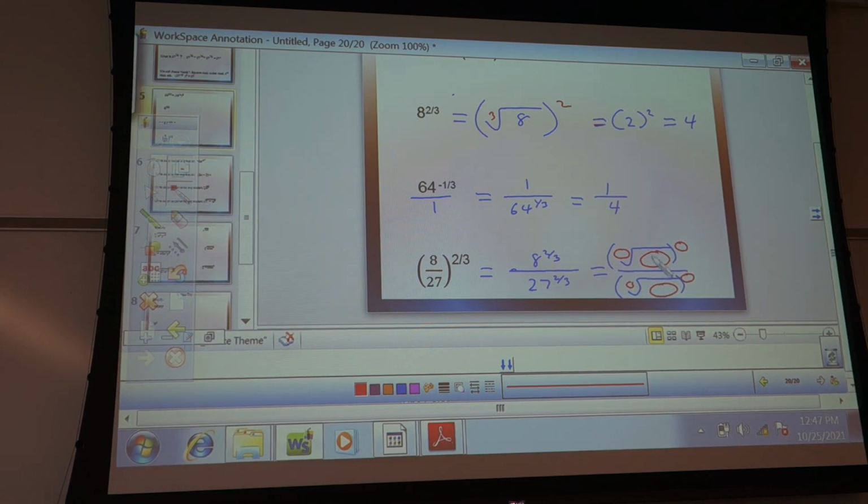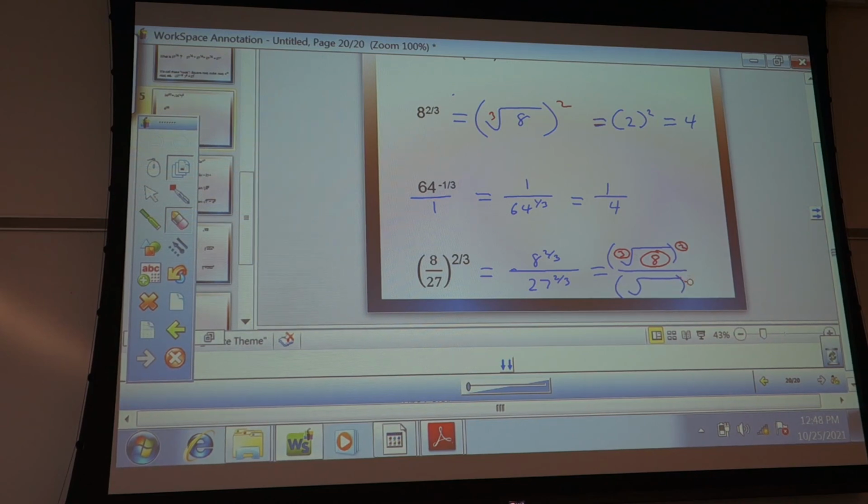All right, so we have 8 here, the 3 here, and the 2 there. Okay, gotcha. 27 cube root squared. So all we need to do is find the cube root of 8. 2.